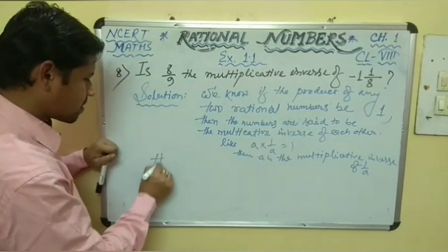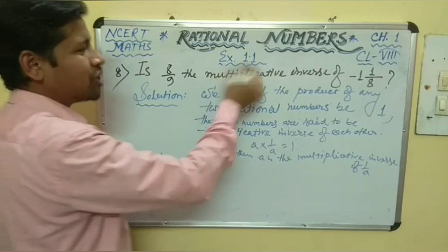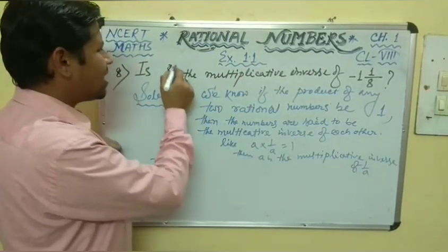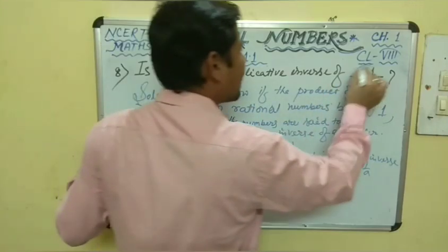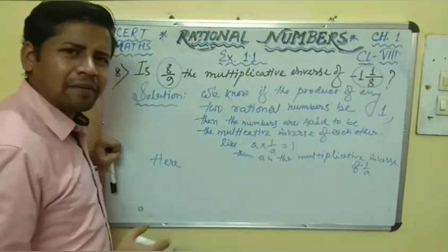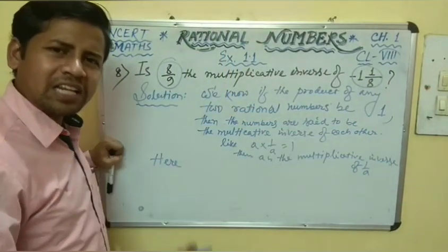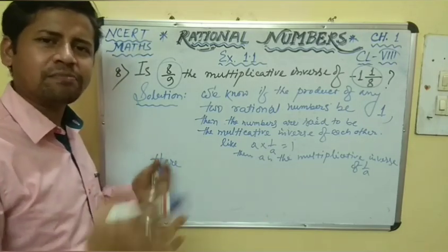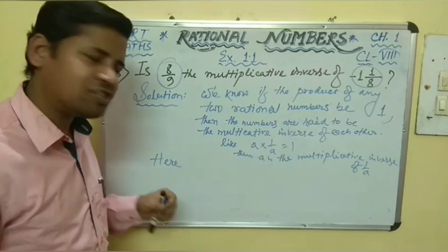Here we have to check yes or no. So let them multiply, and after that we have to get the result as 1. If it is 1, then we will say that yes, both of them are the multiplicative inverse of each other.